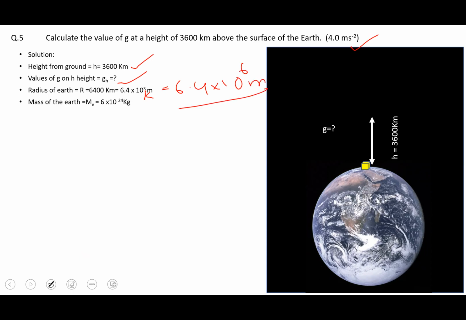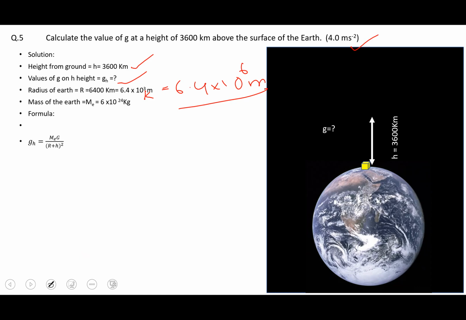This is the radius of the earth, and the mass of the earth is basically 6 into 10 to the power 24 kilograms. The formula says that g is equal to G M e divided by (R plus h) whole squared.